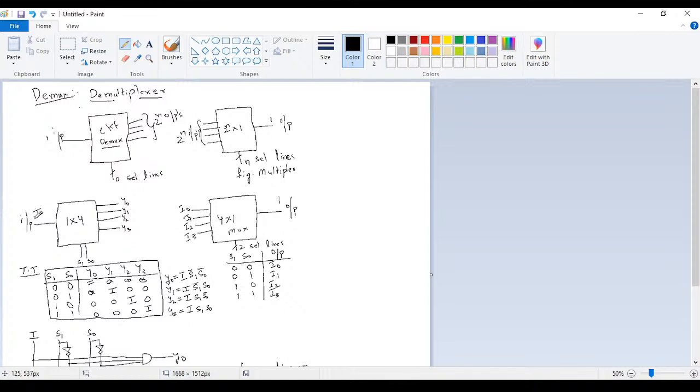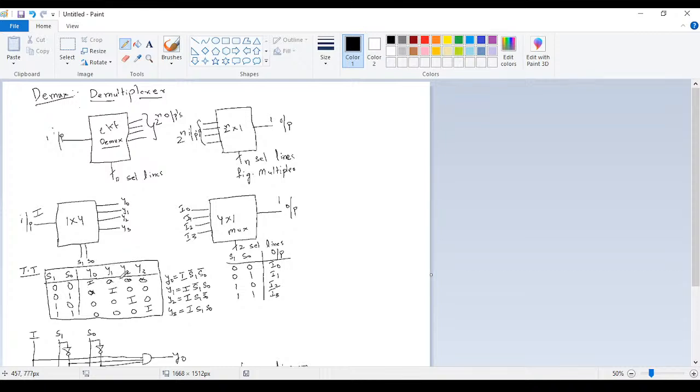The input is sent to the output depending upon the selection lines S1 and S0. To which output you want to connect depends upon the selection lines. If the selection lines are 0 0, it will be connected to y0. If it is 0 1, it will be connected to y1.